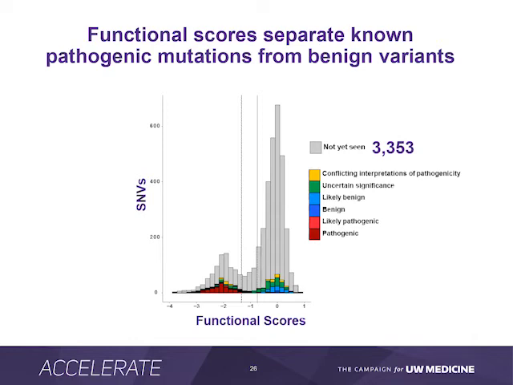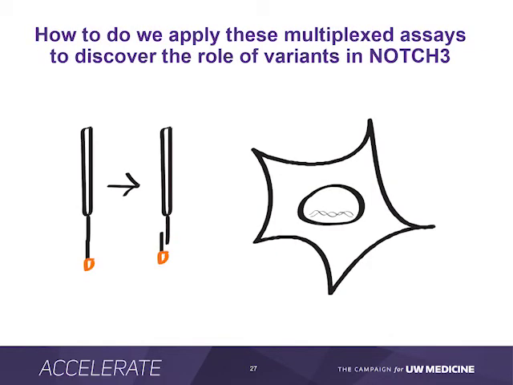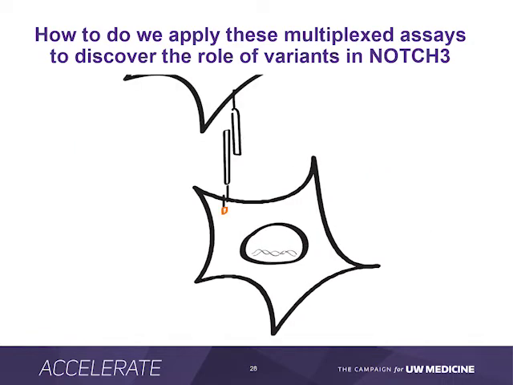Okay, so Notch 3. How do we apply this to Notch 3? As Sumi and Adam just told you, Notch 3 is this transmembrane protein. It's expressed as one whole protein, but then it gets cleaved and it interacts with itself at its N-terminus. And then it gets inserted into the cell membrane where it interacts with other cells expressing other proteins, right?